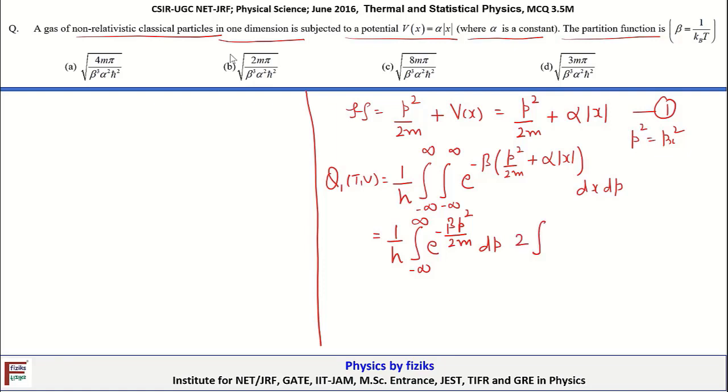I'm splitting it because of the alpha mod x, so it's 2 times the integral from 0 to infinity of exponential minus alpha beta mod x dx. So this is further equal to 1 by h into the integral of exponential minus alpha x square.